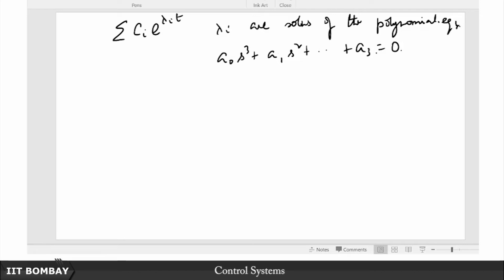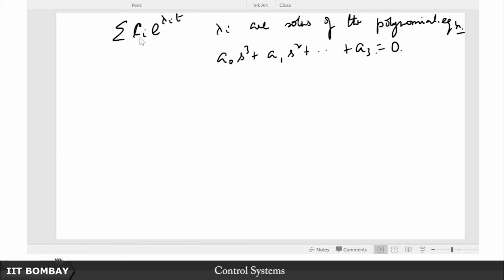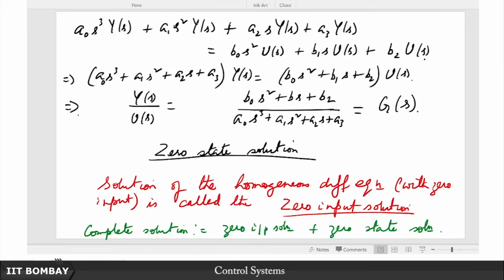If you solve for this, you will get 3 roots, which can be complex or real, and then the zero input solution can be described in this fashion, where you can solve for C1, C2 and C3 using the initial conditions.